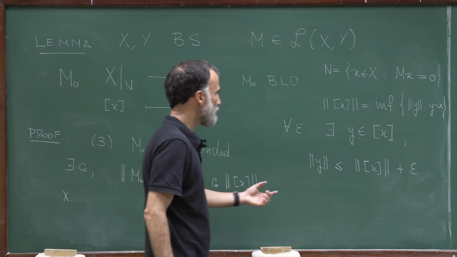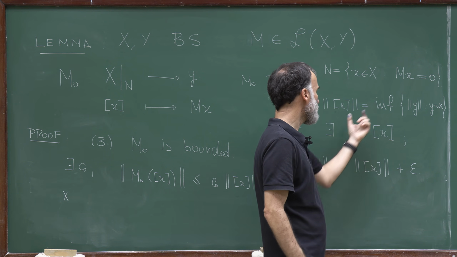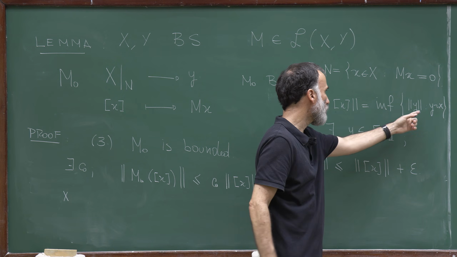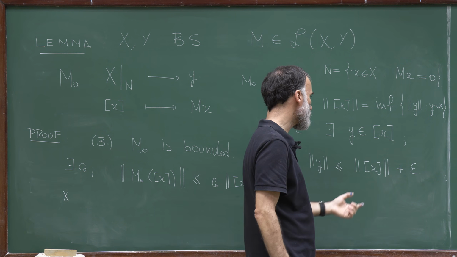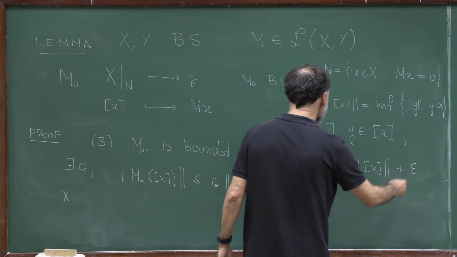Right, because this is an infimum, I can find one y which is almost equal to the infimum, equal up to this constant epsilon.